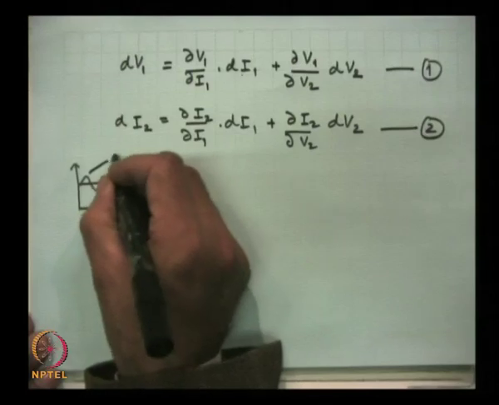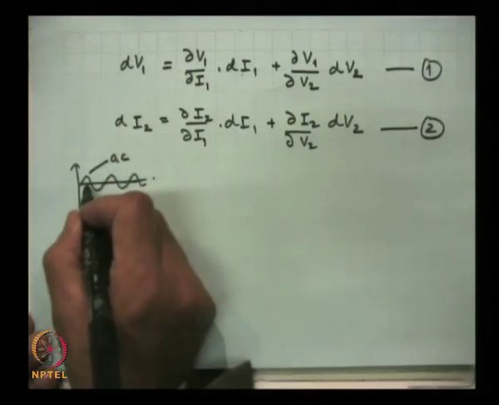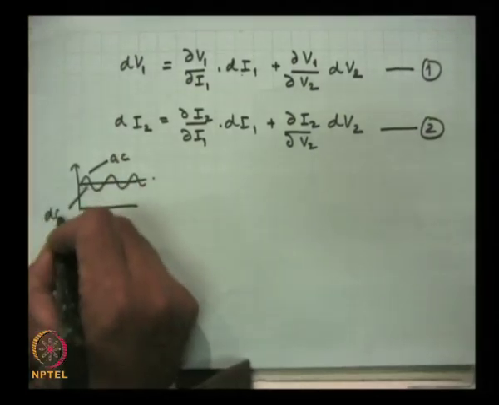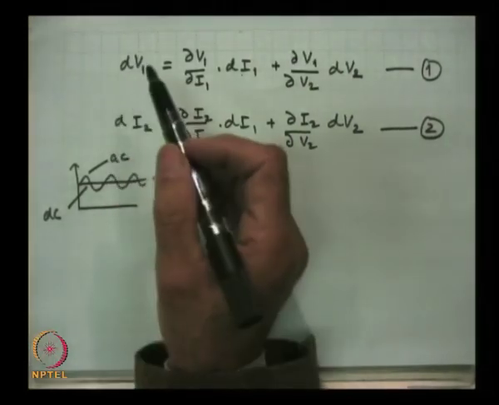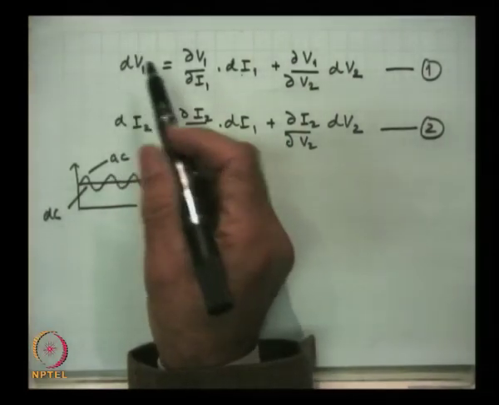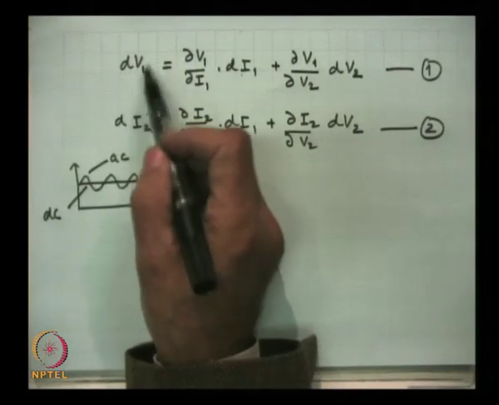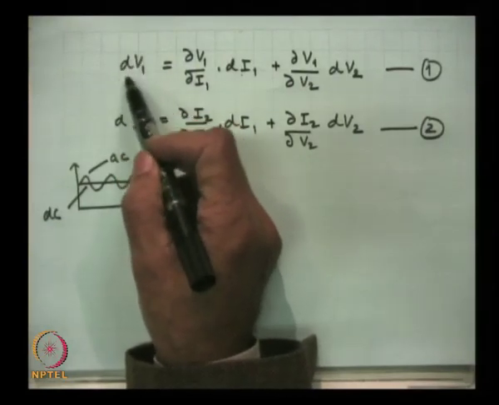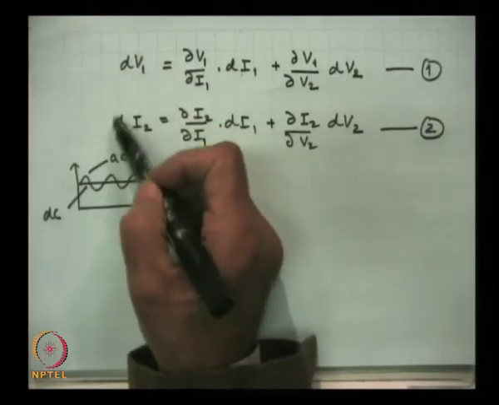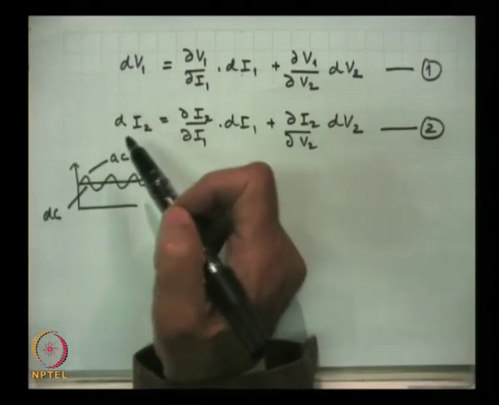So, this is AC, this is DC. When we talk of variation, this accounts for just the AC component. Similarly, here the AC component.